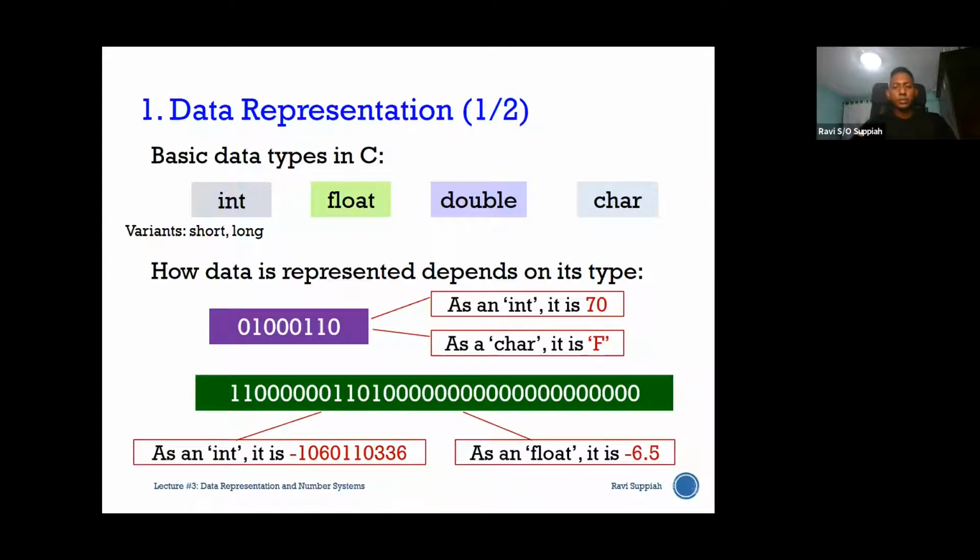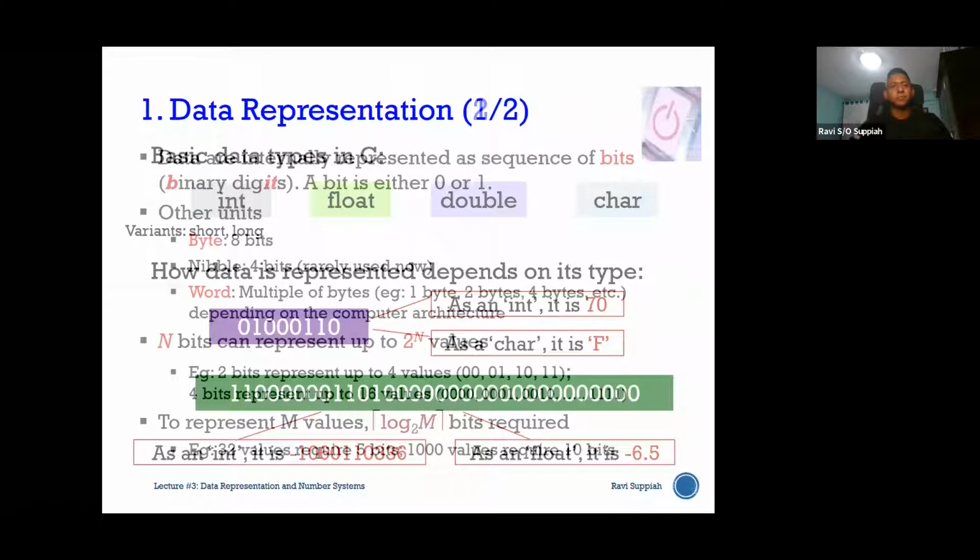And if I look at it as a float number, it is negative 6.5. So the same ones and zeros grouped together could mean different things depending on what they are actually being used to represent. All right, so that is the whole idea of this set of slides.